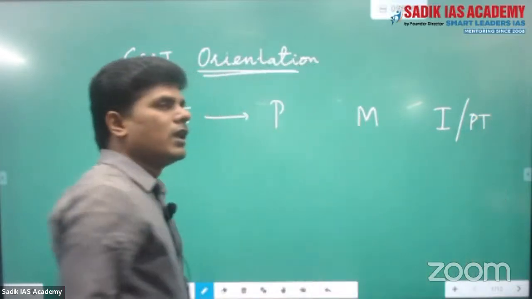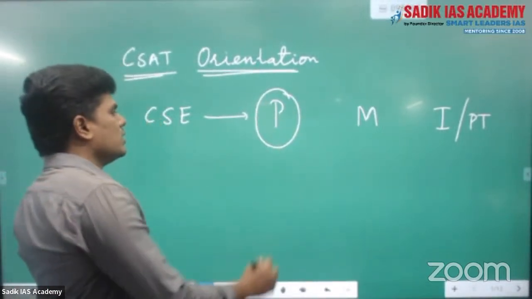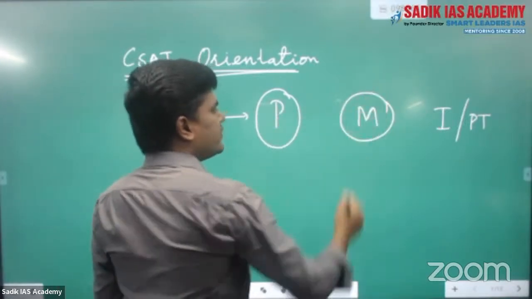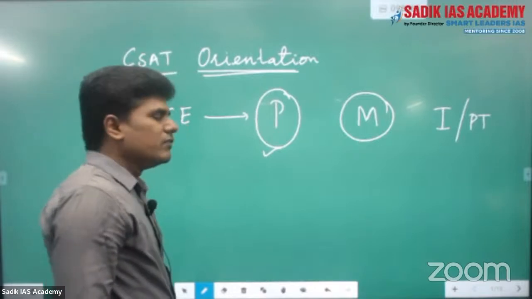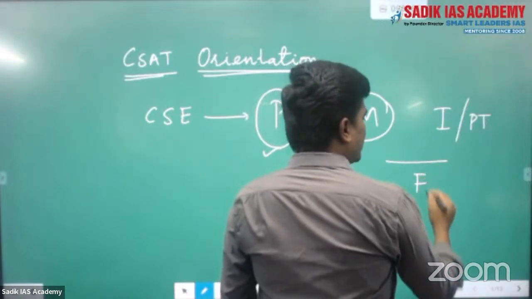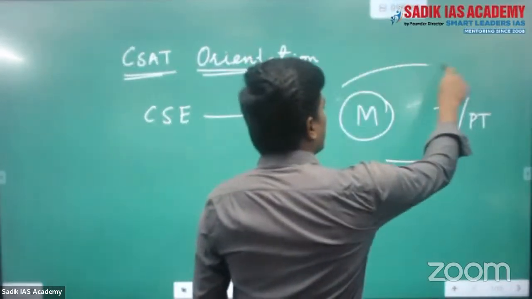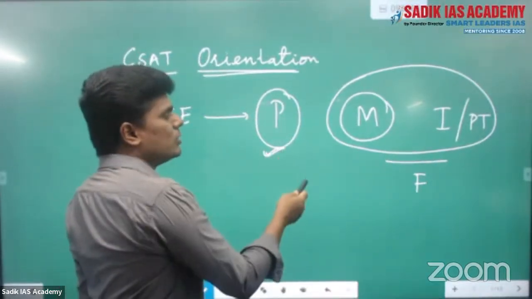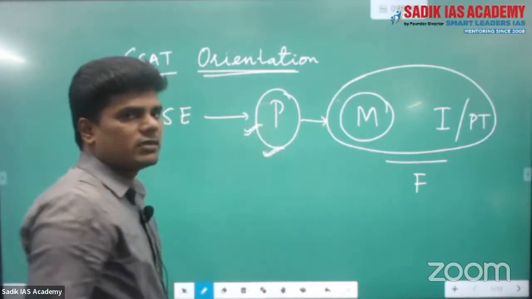The preliminary is a screening examination, which means only if you get through it will you write the mains, and the marks you score in the preliminary will not be counted for your final result. The end result is decided based on the marks you score in the mains and the interview, not in the preliminary. But if you want to go to the mains, you have to clear the preliminary examination.